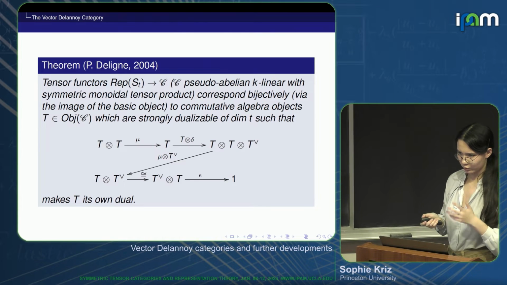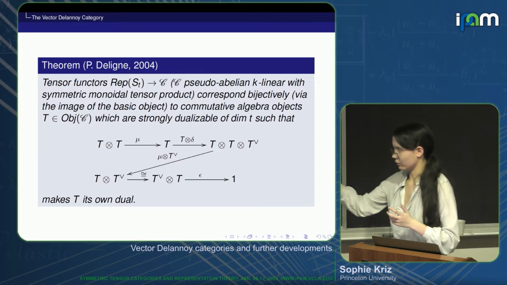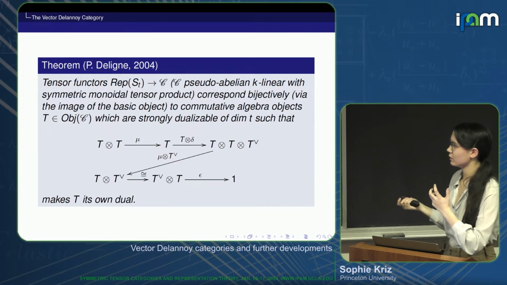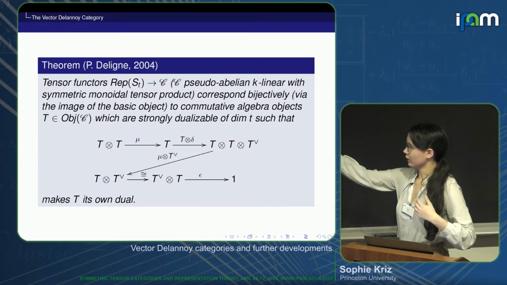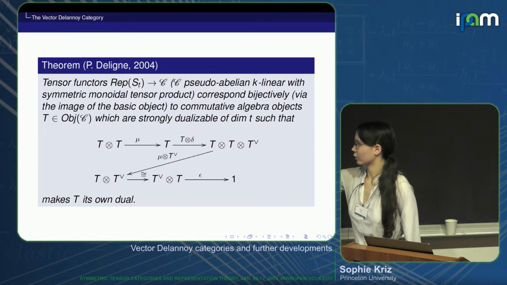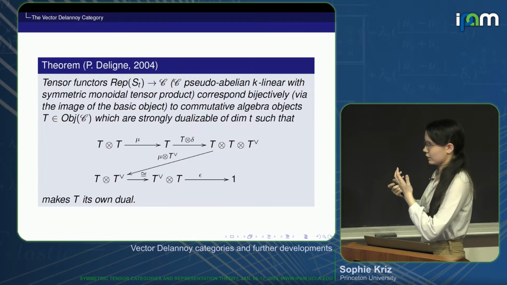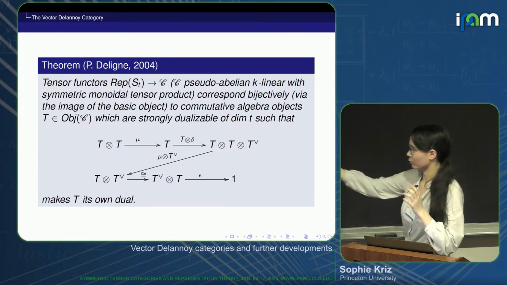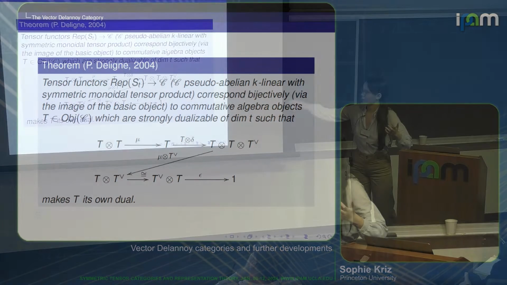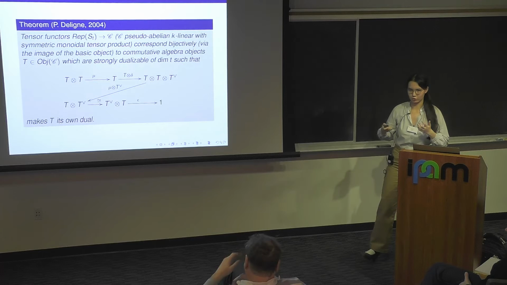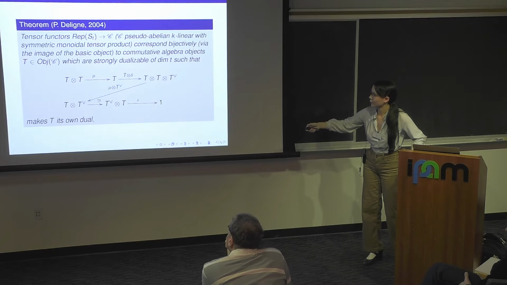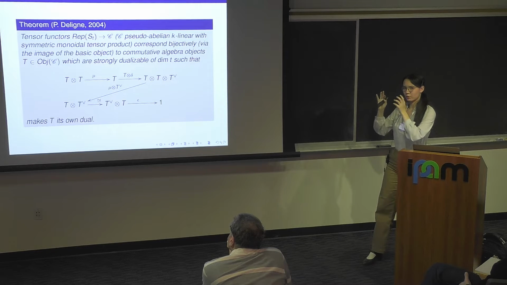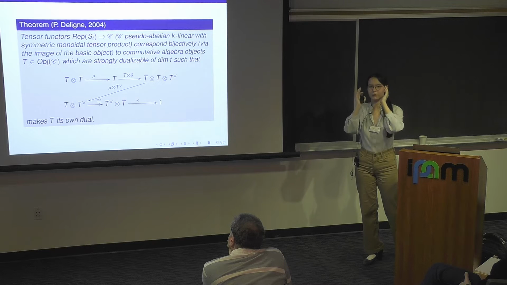So to describe that, let me begin by recalling the theorem about the universality of Rep of S_T, which says that if I consider a pseudo-abelian k-linear symmetric monoidal tensor category C, then tensor functors from Rep of S_T to C correspond bijectively, just by considering where we want to send the basic object X of Rep of S_T, to commutative algebra objects in C which are strongly dualizable of dimension T, such that the composition of the multiplication, denoted by mu here, is exactly the trace on T, which was considered in the talk by Nate earlier.